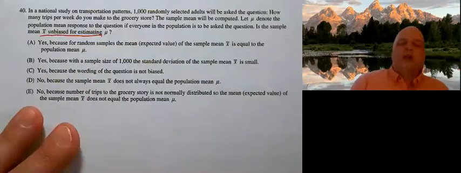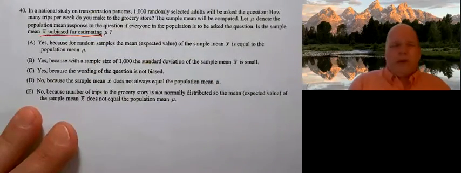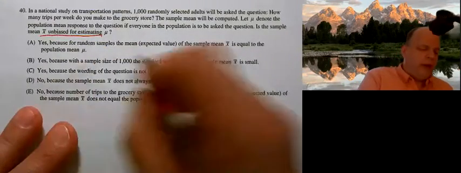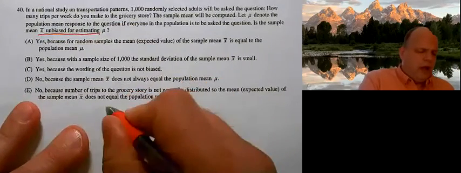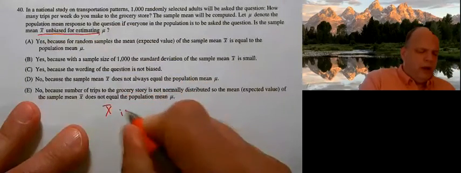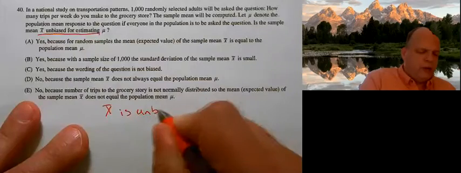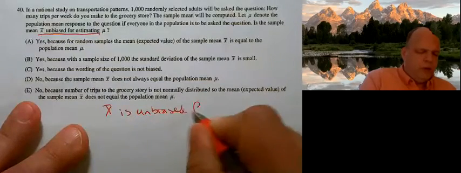Here's a term that I don't particularly care for: unbiased. We only have to worry about 2 unbiased estimators. So make sure you know this. X bar is unbiased for mu.